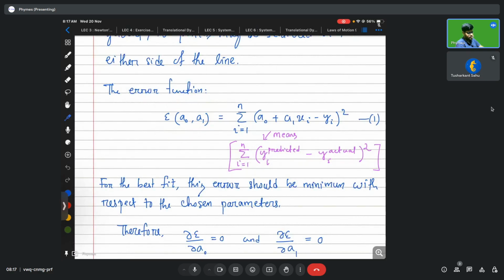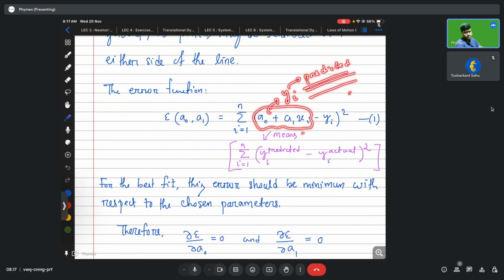This is what? This is a0 plus a1 xi, it is just yi, right? And this is the predicted, or the function we are approximating. So we are approximating that this function is a straight line.